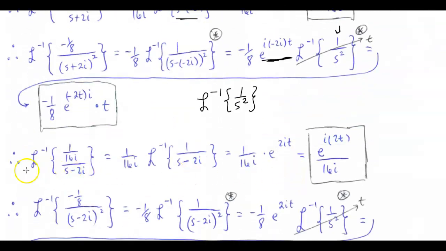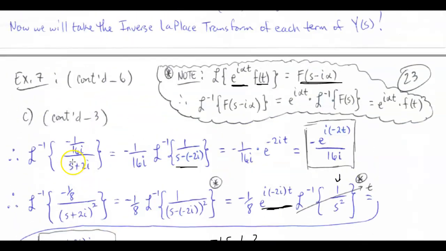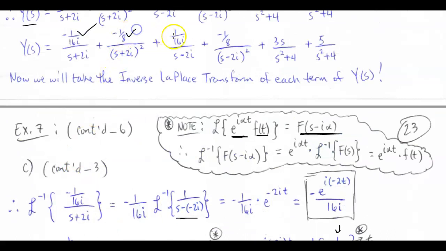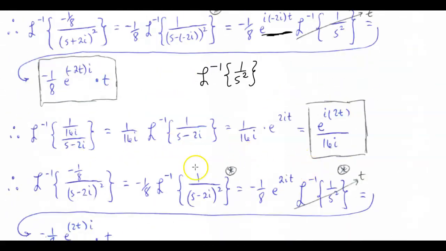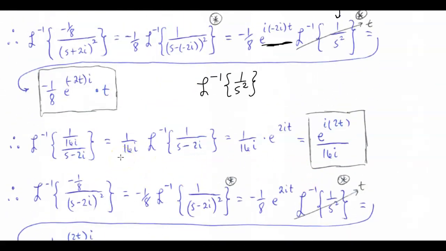So moving on to the third term, notice that this third term looks very similar to the first term. It's just that the denominator is going to be its complex conjugate. So we do similar things, and what we will end up with is a similar result.